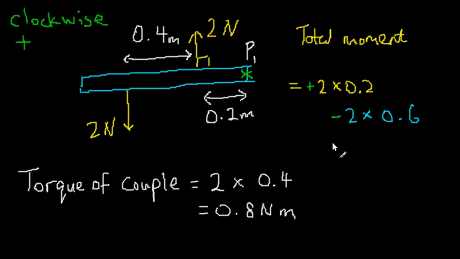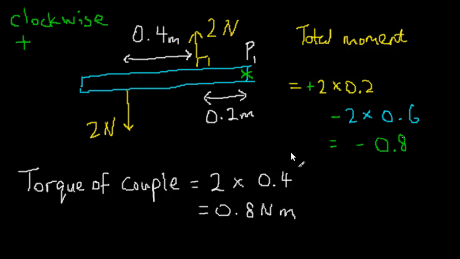Now I have my signs, I can add them. That's 0.4 minus 1.2, minus 0.8.